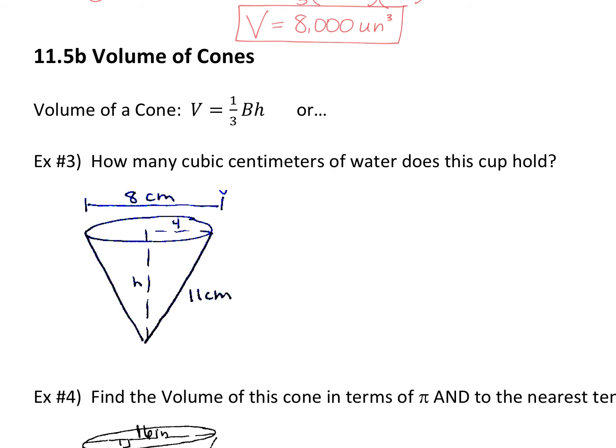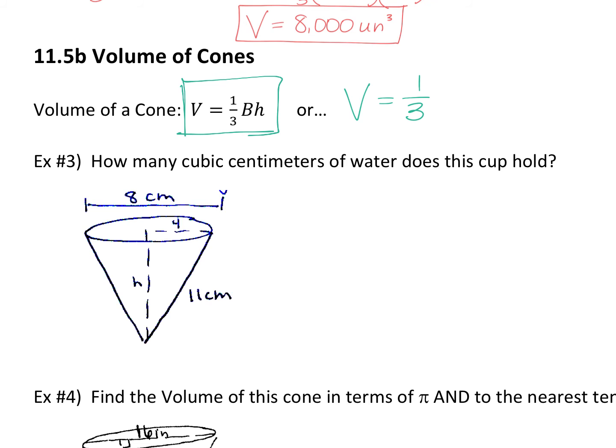11.5b, second half of the lesson, okay? This one, same formula, but now it's a cone. So what joins us in this formula? Pi, yes. So it's still 1/3 BH, and this is the one I will give to you. I will give you a piece of paper that looks like this, 1/3 BH, okay? But if you want, you could think of this.